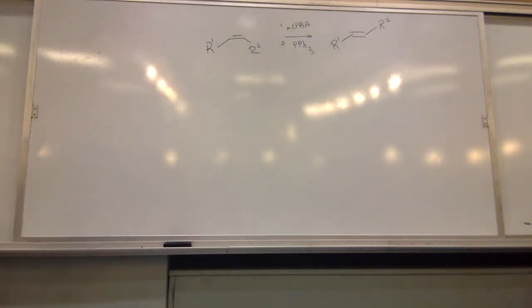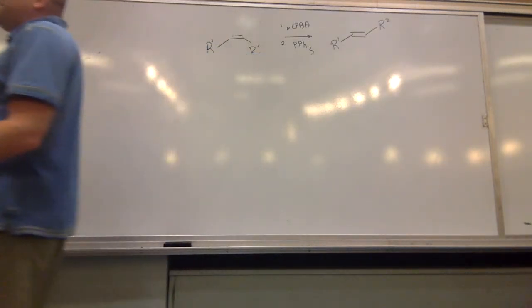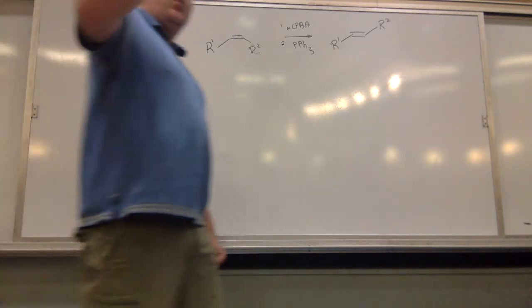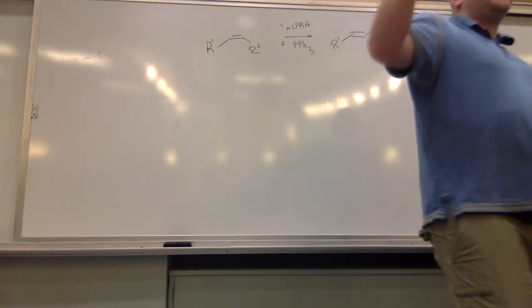So when you see mCPBA and that alkene, and you recognize that this question is asking about stereochemistry, what does that tell you about what you need to know about that first step? Right? That's going to be an anti or a syn addition. Yeah, so the epoxide, what is the stereochemistry of an epoxide reaction? And it's syn, right? So it's not going to change the stereochemistry.